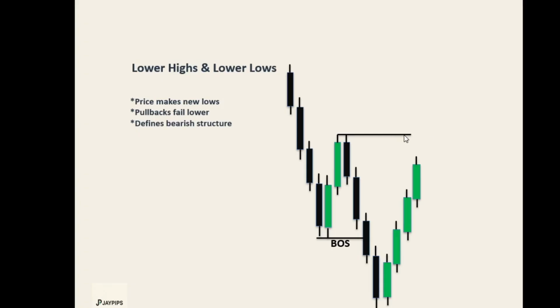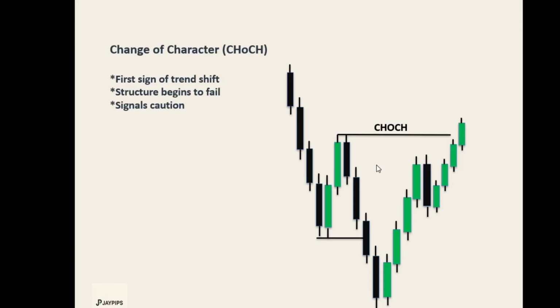If it tends to break above the lower high, we are saying the structure is no longer bearish or in a downtrend, but it's trying to tell you to be very conscious that the trend might likely shift from a bearish trend to an uptrend. So in this particular formation, if the lower high tends to break, the trend has not yet fully shifted from a downtrend to an uptrend.